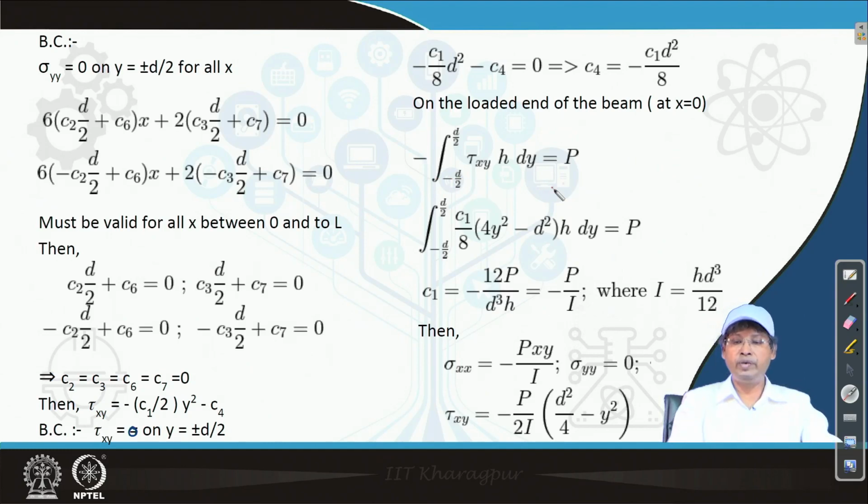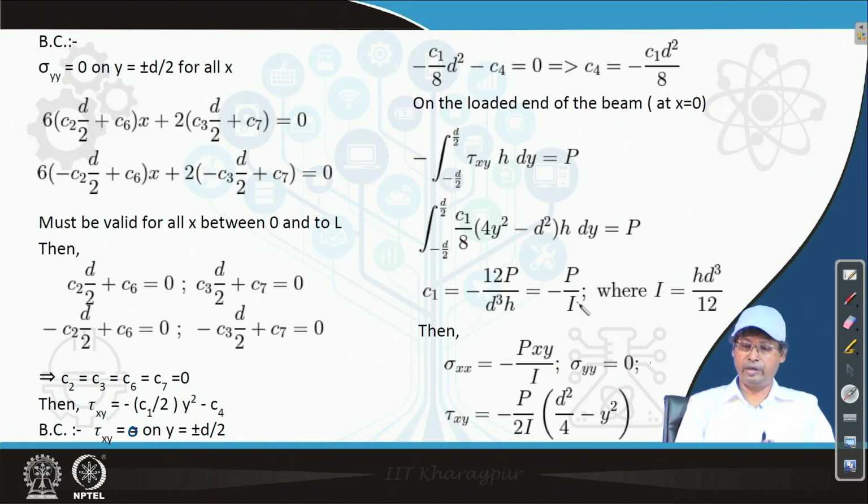This is implemented here, and H is multiplied to make it a force. With simple integration and substitution of tau x y, it yields that C 1 is equal to minus 12 P by d cube h, and since I is already well known, equal to minus P by I, and at the end all the 9 constants are known.